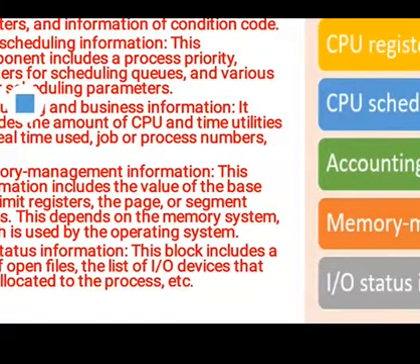IO status information: this block includes the list of open files, the list of IO devices allocated to the process.